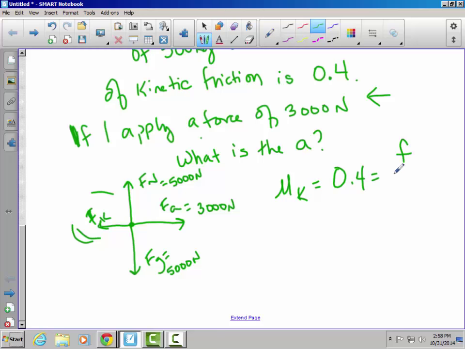And that is equal to your frictional force divided by your normal force. So now I have 0.4 equals the frictional force divided by 5,000. That's going to get me a frictional force of 2,000 newtons.